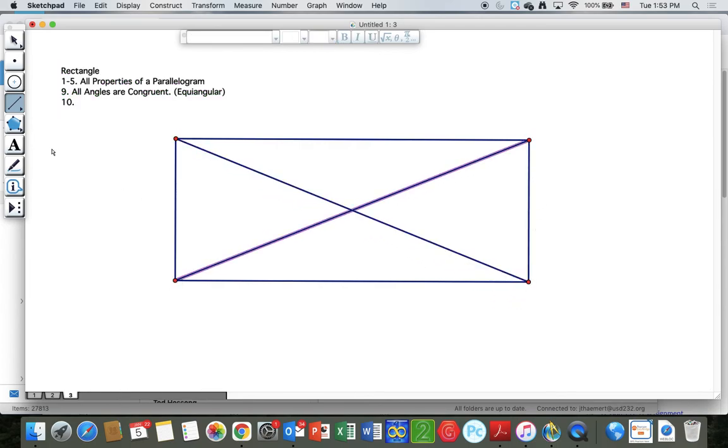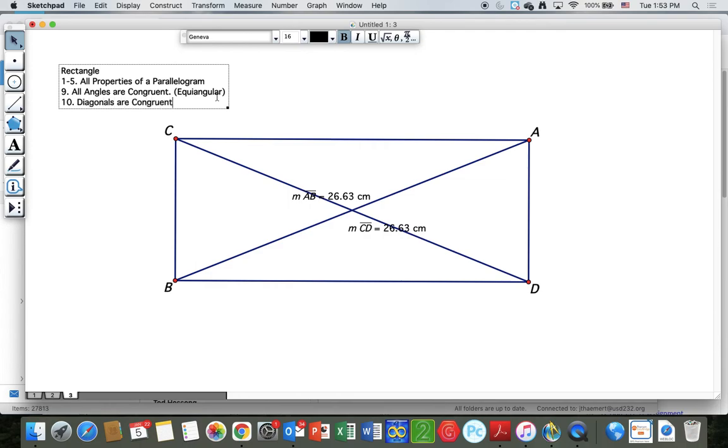Okay? Now, there's one more for a rectangle, and it is probably the most important property out of all of these, to be honest with you. If I measure the diagonals, you're going to see that they are equal. So AB is 26.63 and CD is 26.63. So in a rectangle, diagonals are congruent. This is called the Carpenter's theorem.